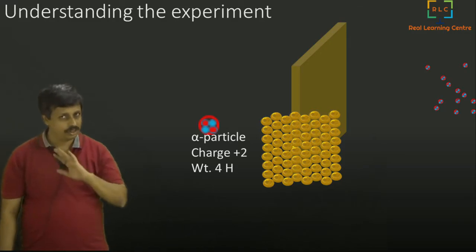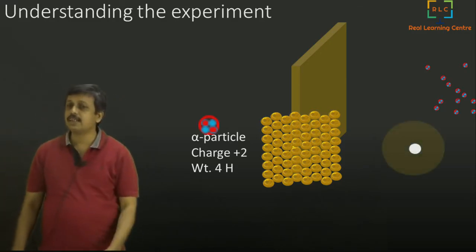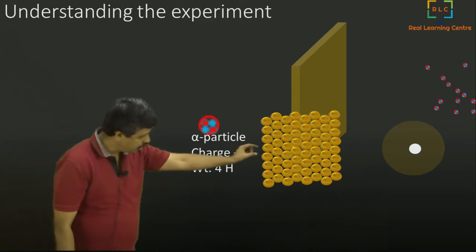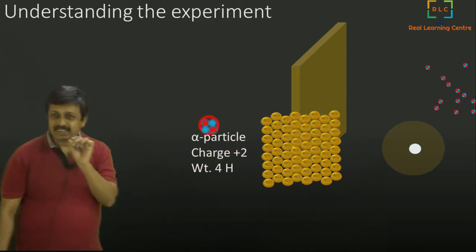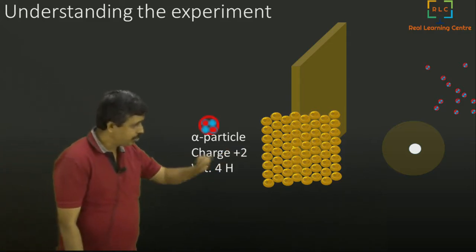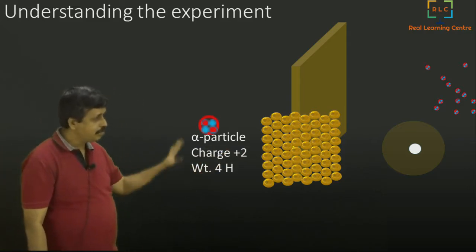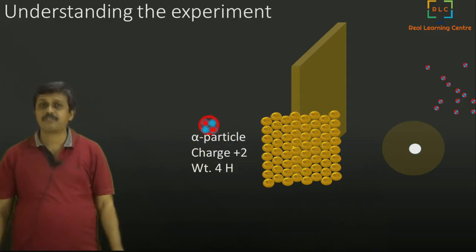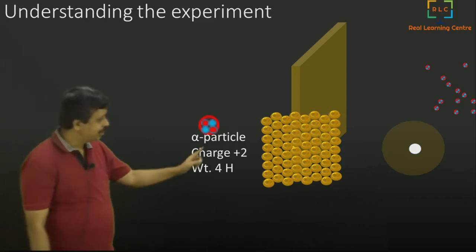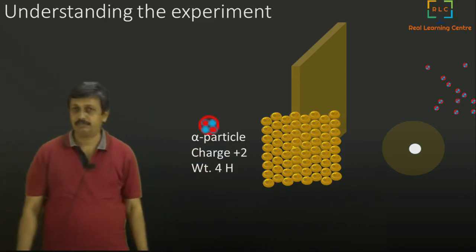He said that no, it is not packed like this. Instead, it is one small dot, a completely concentrated, very small area of positive charge. And around that is all empty space, completely empty, except that here and there some electrons are moving around.